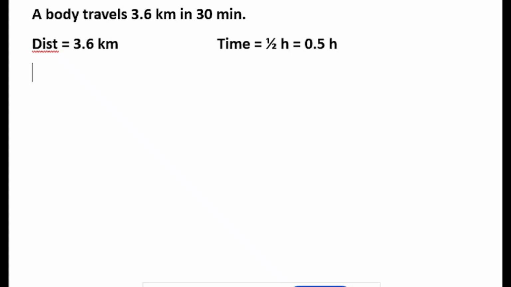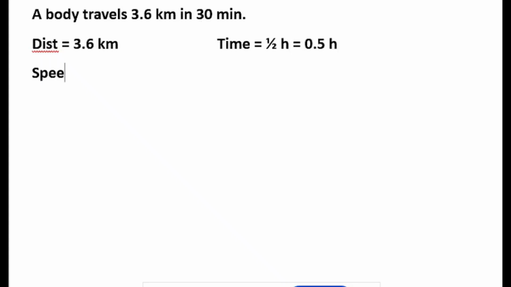Distance is already in kilometers, so no conversion. Distance 3.6 kilometers, keep it as it is. Time you want in hours. So time will be 30 minutes equal to 30 by 60, that is 1 by 2 hours or 0.5 hours.